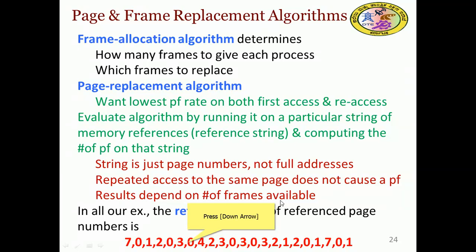For example, first the 7th page is demanded, the 0th page, the 1st page, the 2nd page, the 3rd page, then the 0th page is again repeated, this page is already there, so in that case no page fault. Then page number 3 is demanded, and in the previous history you can see no 3rd page is there, so this is a page fault. So 0 no page fault, 4 page fault, 2 no page fault because it is already there. Already existing pages demanded, no page fault. If new pages are demanded, that is a page fault. Such frames we have to bring from the secondary memory.